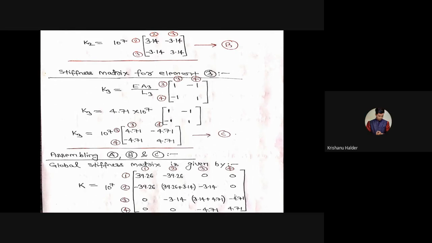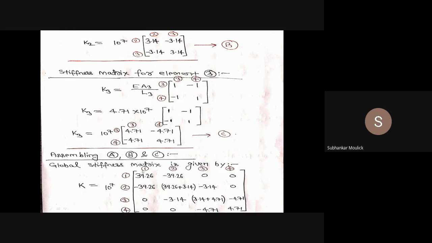See, this is my 4 cross 4 global stiffness matrix, in which this is my first row, second row, third row, fourth row, and first column, second column, third column, fourth column.